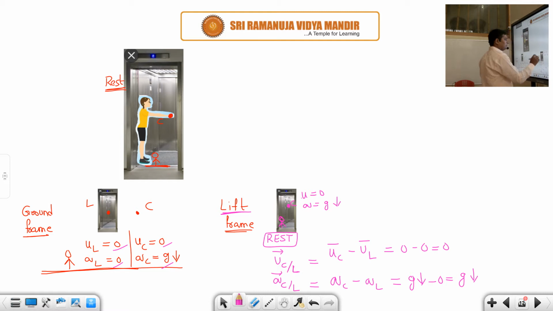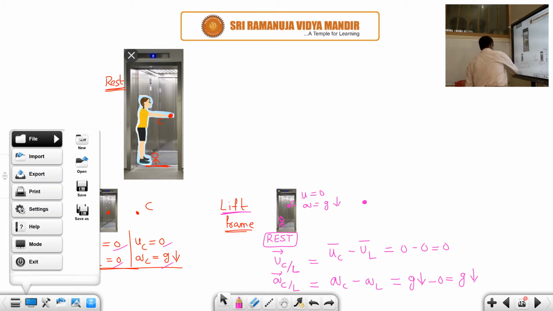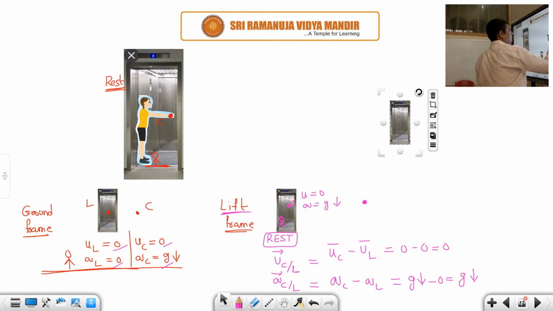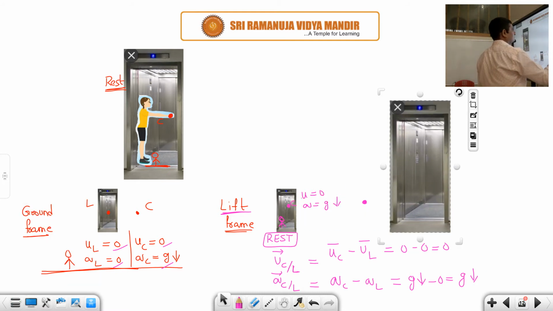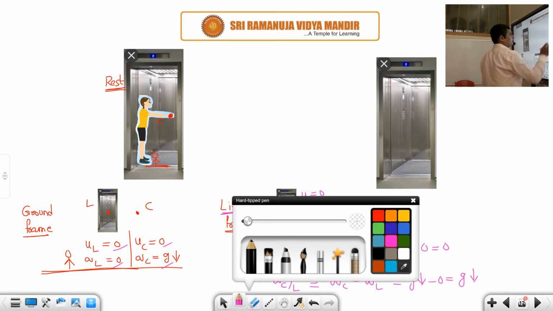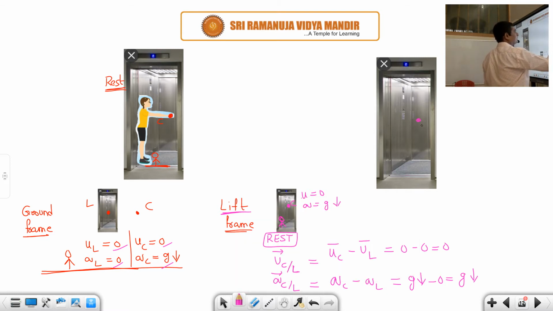So this coin will have acceleration g downwards. If you see the path, let me make it a bigger one. Now if you see the path of the coin inside this one, suppose she has dropped the coin here.